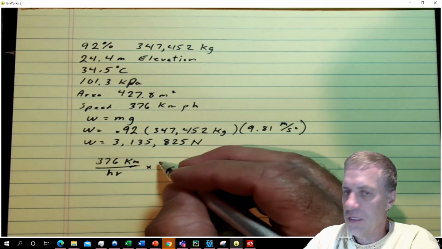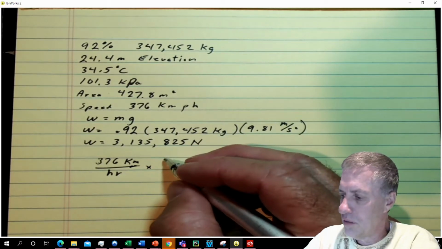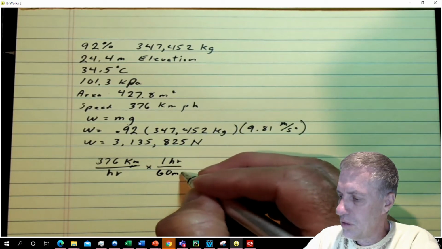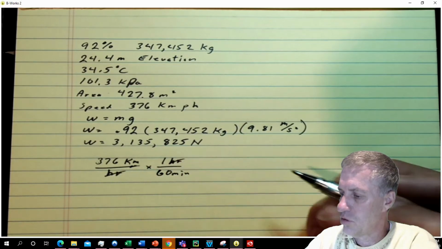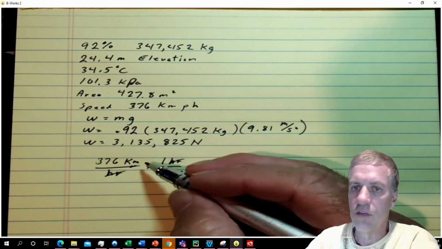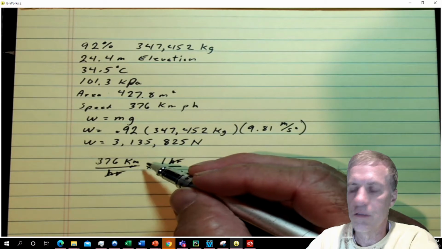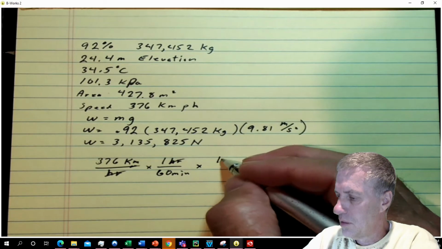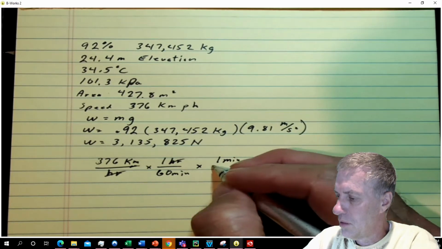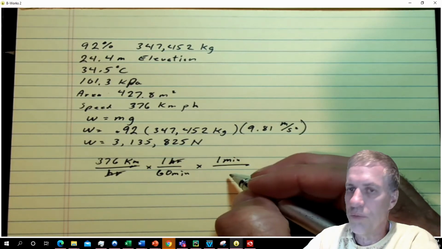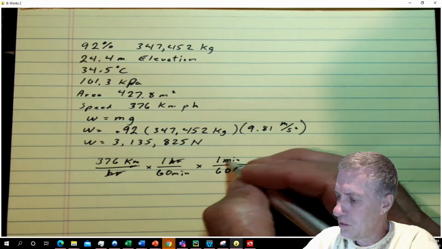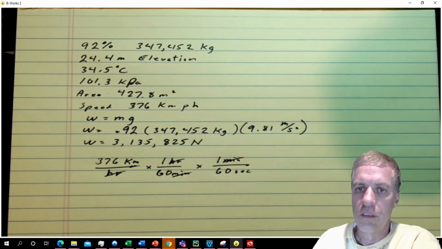And we're going to multiply that times, 1 hour is the same as 60 minutes. So our hours have canceled out. So now that we're at kilometers per minute, times 1 minute is the same as 60 seconds.